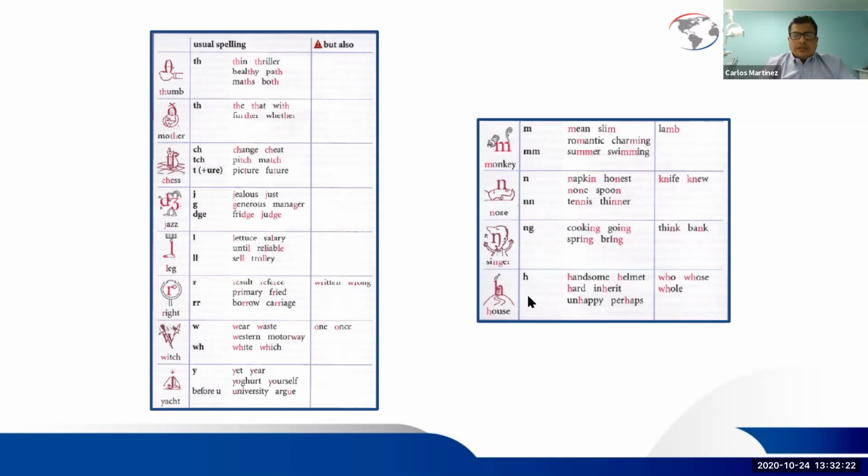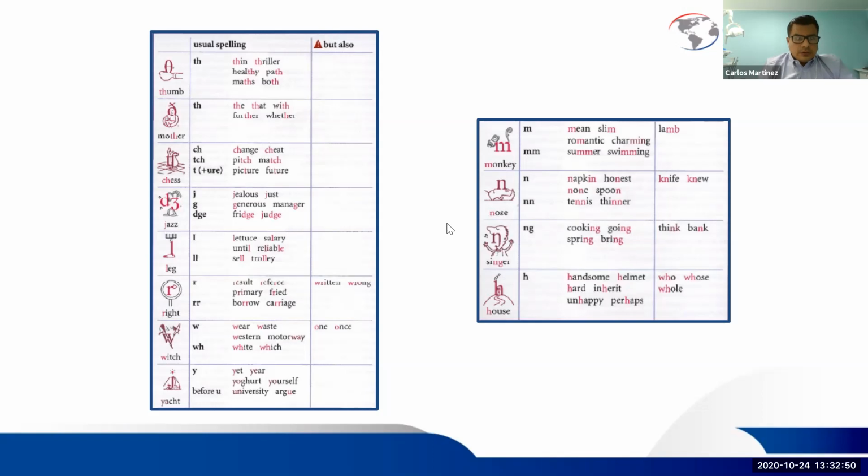And then finally the letter H, which is different than in Spanish. It's voiceless, because we know there's no vibration, it's just air. We have handsome, helmet, heart, inherit, unhappy, perhaps. And then another combination is WH, like who, whose, and whole.